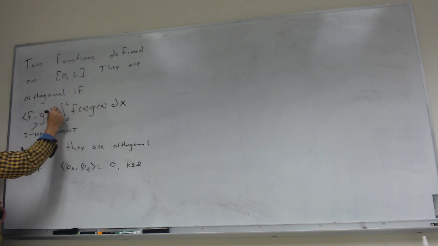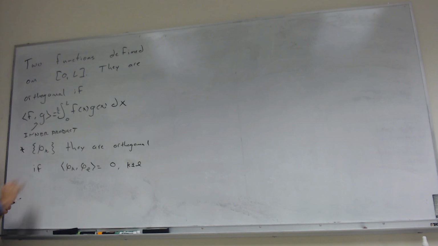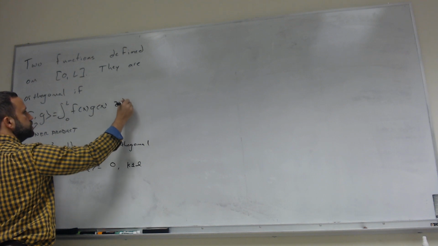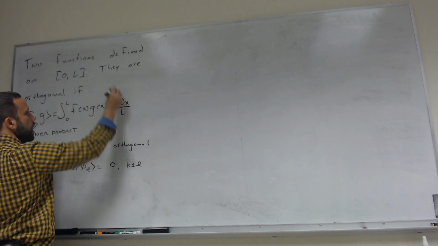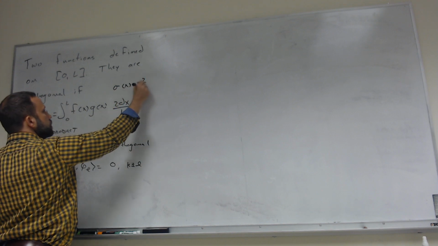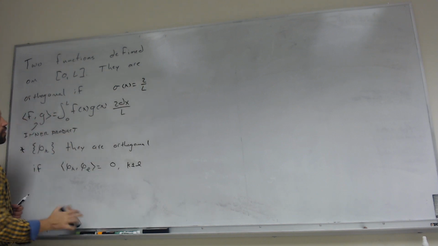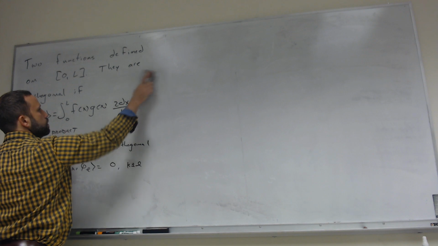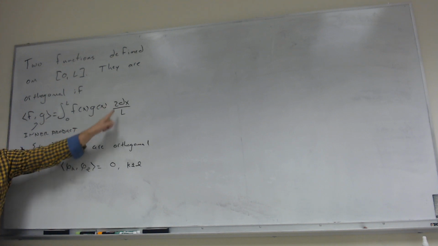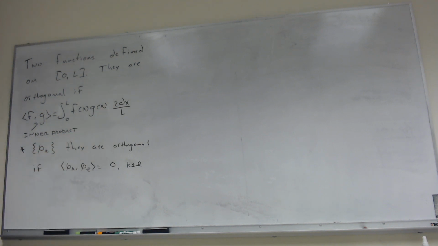It's 2 over L times that. So we can move this 2 over L over here and write it as 2 dx over L. Here we're thinking about having a weight sigma of x equal to 2 over L. Similarly, we can say that f and g are orthogonal with respect to this 2 over L times dx weight.